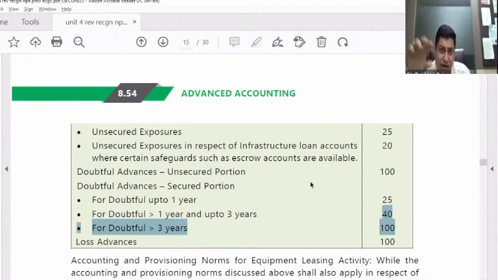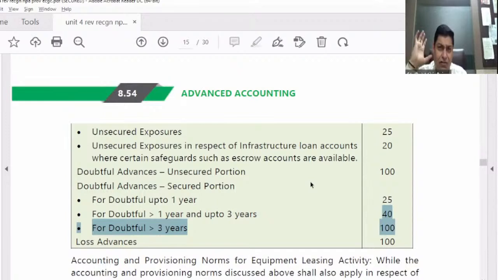So if the account is NPA, then we should consider whether it is substandard, doubtful, or loss. If it is substandard, then is it secured or unsecured? If it is secured, then 15%. If it is unsecured, then 25%. If it is unsecured but we have an escrow account available, some securities available, we are a little bit safe, then instead of 25, go with 20.